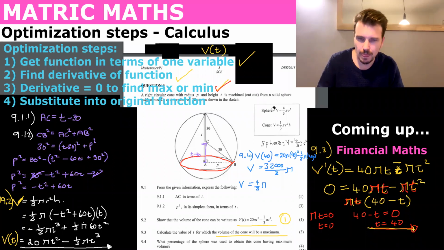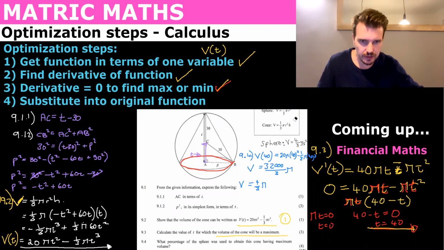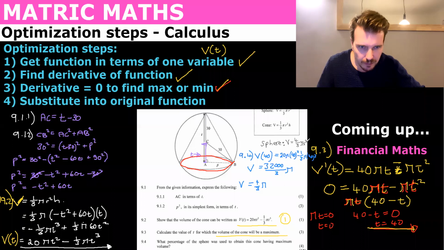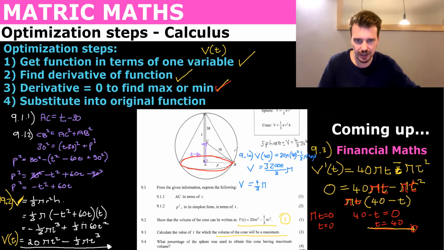Yes, so the volume of a sphere is 4 over 3 pi r cubed. So the radius of the sphere is 30, so I can put that in here as 30, and cubed.